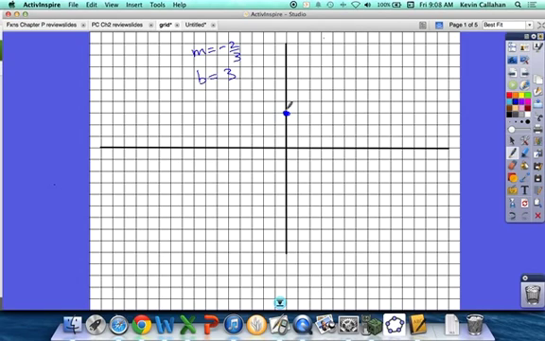And then how do we use the slope of negative 2/3 to find another point on the line? Down 2, right 3. Make another point. Draw a line.